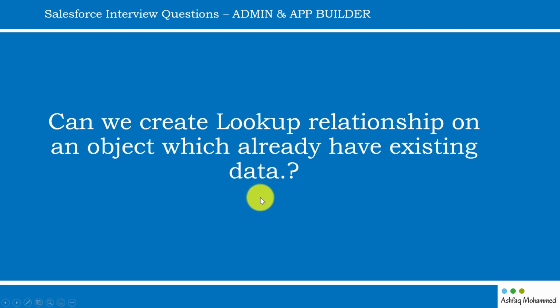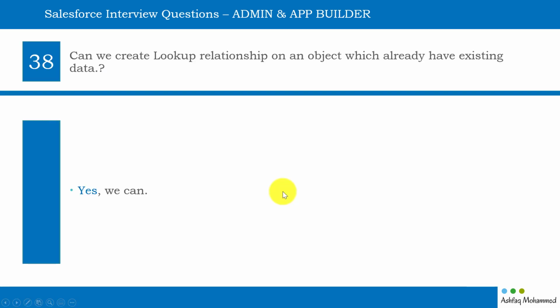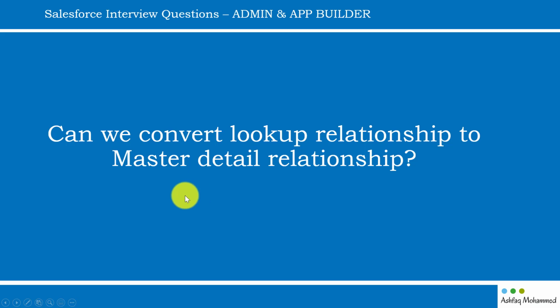For my second release, I've got a requirement: please make these two objects parent and child. Can we do that? The answer is yes. We can create a lookup relationship even if the data is already there. That is not a problem.